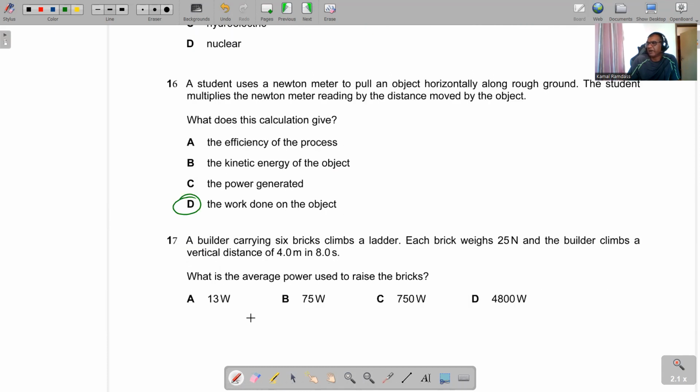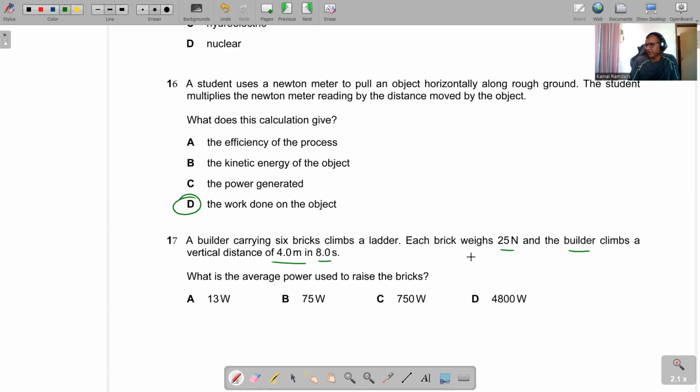A builder carrying 6 bricks climbs a ladder. Each brick weighs 25 Newton, and the builder climbs a vertical distance of 4 mètres in 8 secondes.